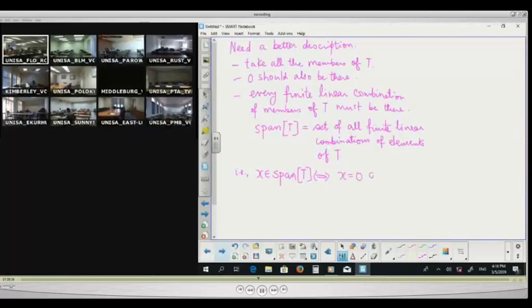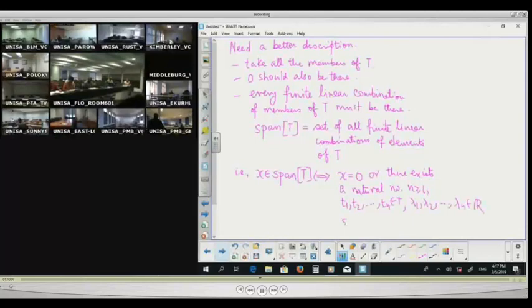a natural number n, T1, T2, ..., Tn from T, lambda 1, ..., lambda n such that X is lambda 1 T1 plus lambda 2 T2 and so on.